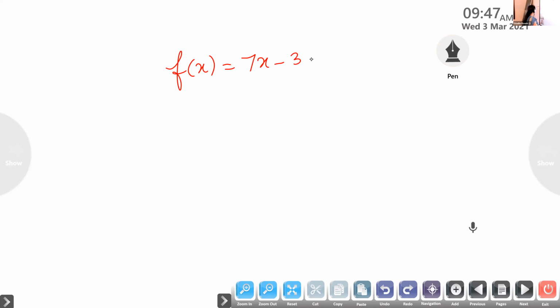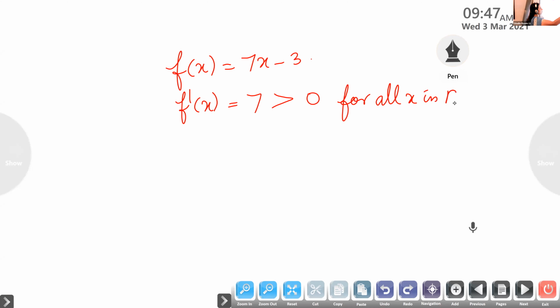What do you have to find here, children? You have to find f dash of x. What is f dash of x? 7. Is it a positive number? Yes. It is greater than 0 for all real numbers, for all x in R. Whatever may be the value of x, f dash of x is always positive.